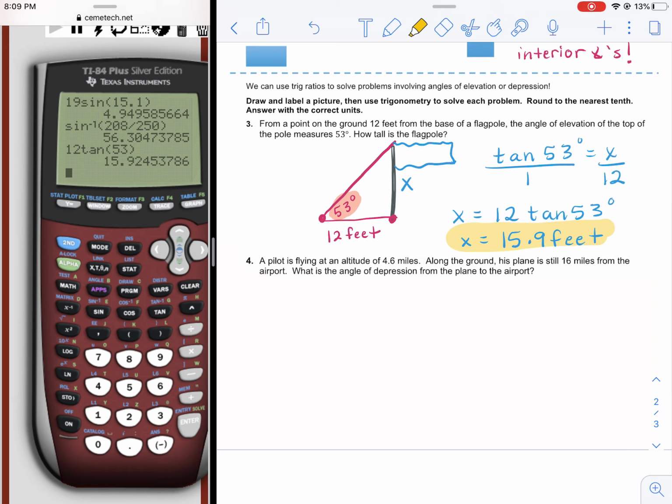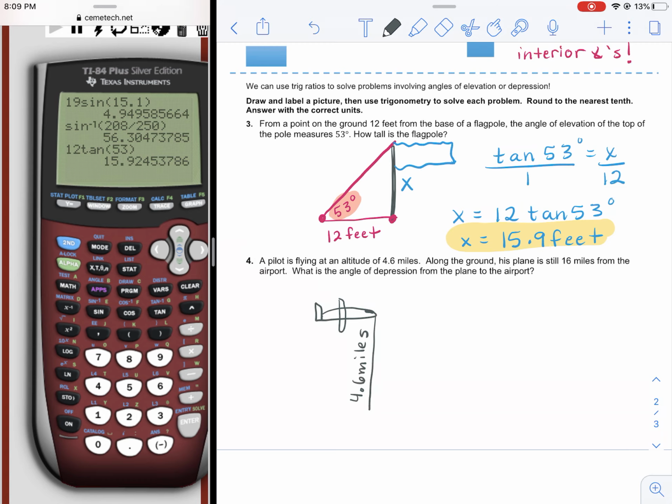All right. Now the last problem says a pilot is flying at an altitude of 4.6 miles. So altitude means height. So I'm going to go ahead and draw an airplane. And I'm going to label this airplane 4.6 miles above the ground.